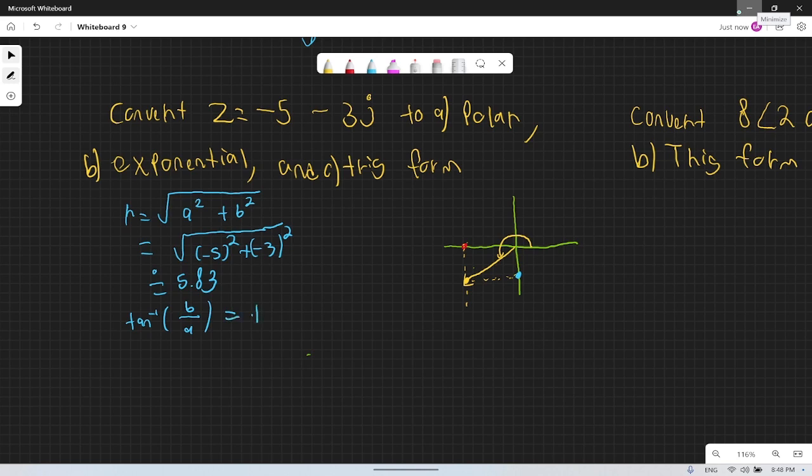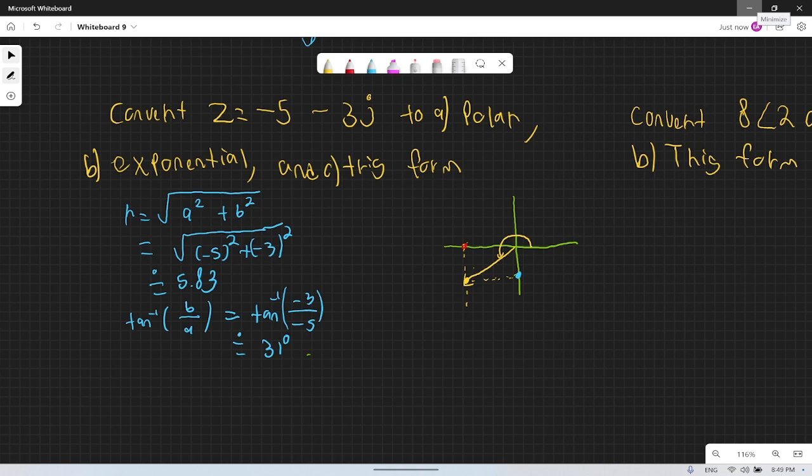So that would be inverse tan of -3 over -5, and that gives us an angle of about 31 degrees.